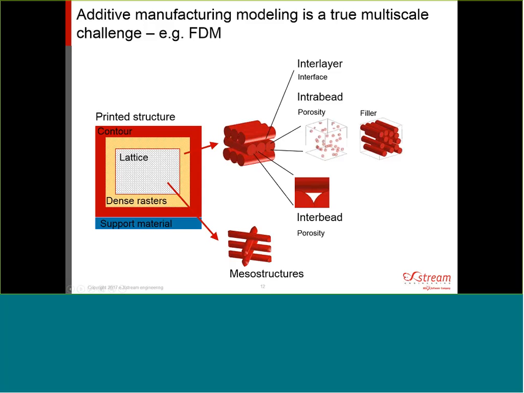Overall, there are many scales involved in additive manufacturing applications, and if we want to simulate the additive manufacturing process and the additive manufactured part performance, we need to account for all these different scales. As we will see in the next part of the presentation, multi-scale modeling is really what enables us to solve this problem.